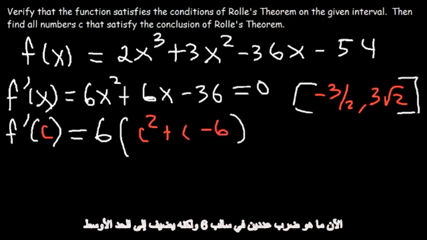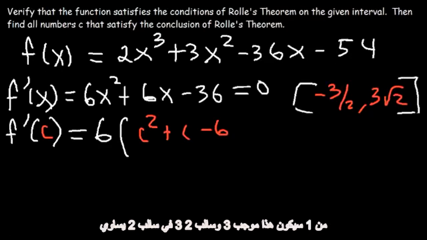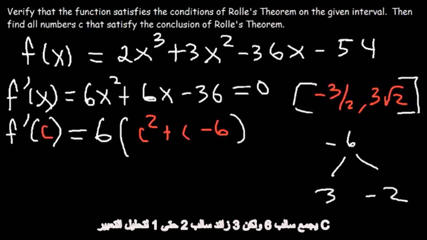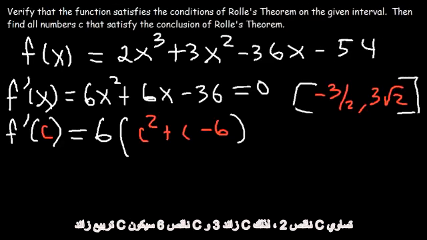Now, what two numbers multiply to negative 6 but add to the middle term of 1? This is going to be positive 3 and negative 2. 3 times negative 2 is negative 6, but 3 plus negative 2 adds up to 1. So to factor the expression c squared plus c minus 6, it's going to be c plus 3 and c minus 2.